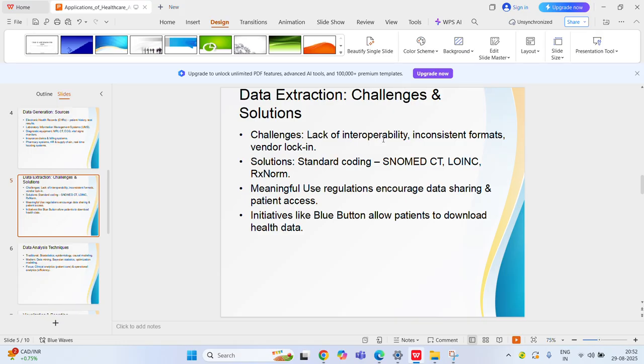Despite these challenges, efforts are underway to facilitate data sharing and exchange through data format standardization. The primary drivers behind this are MU regulations.